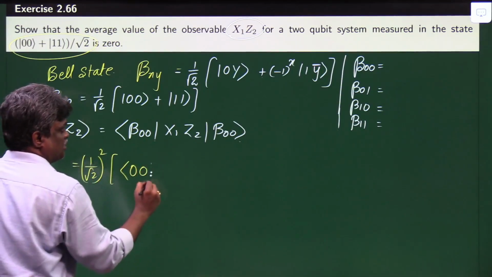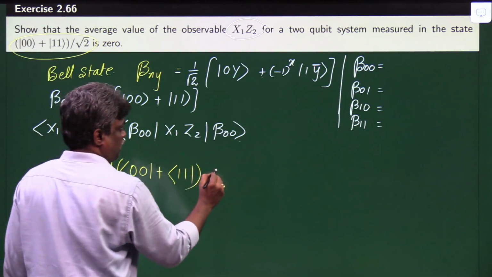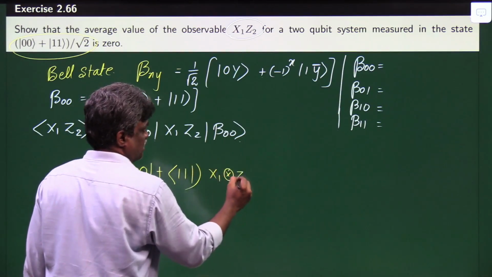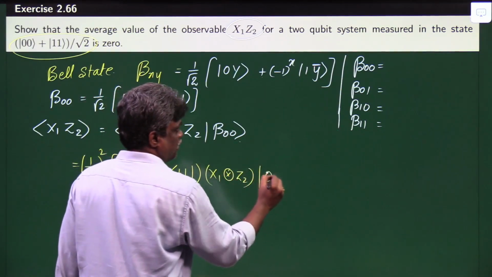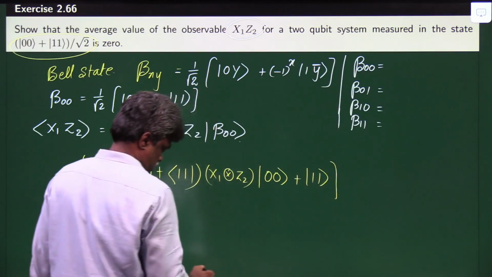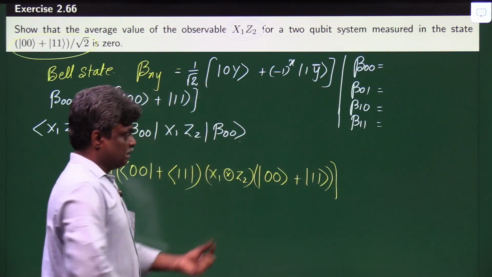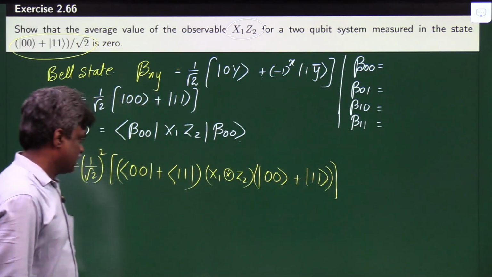This is the bra vector 0 0 plus bra vector 1 1, and here we have x1 tensor z2. Again here we have ket 0 0 plus ket 1 1. I hope you know the notation of these 2 qubit states. This is the tensor product of 0 0, and this is the tensor product of 1 1.